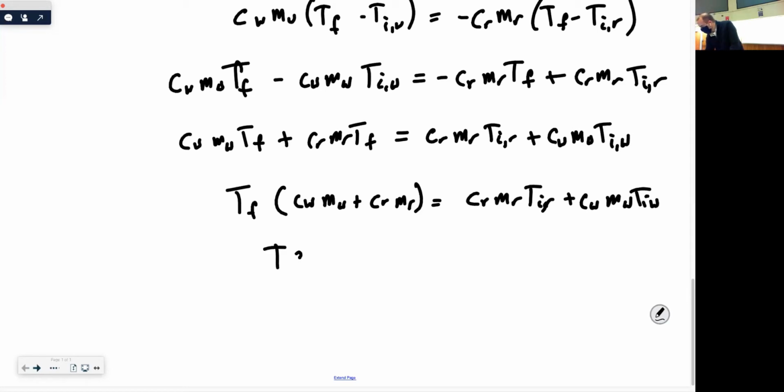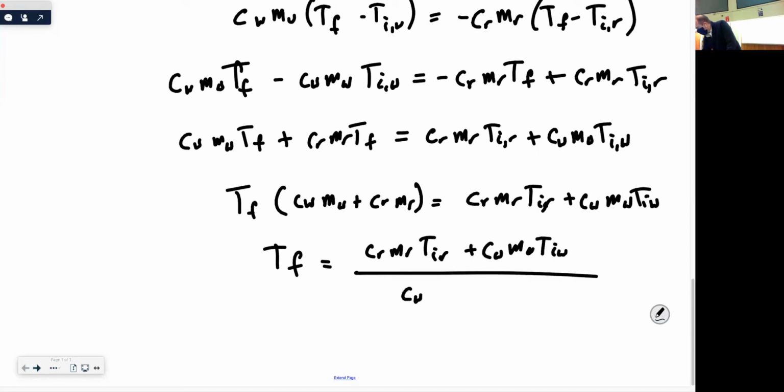And then we can solve for TF, basically divide through: CR MR TIR, dang it, plus CW MW TIW, all divided by CW MW plus CR MR.